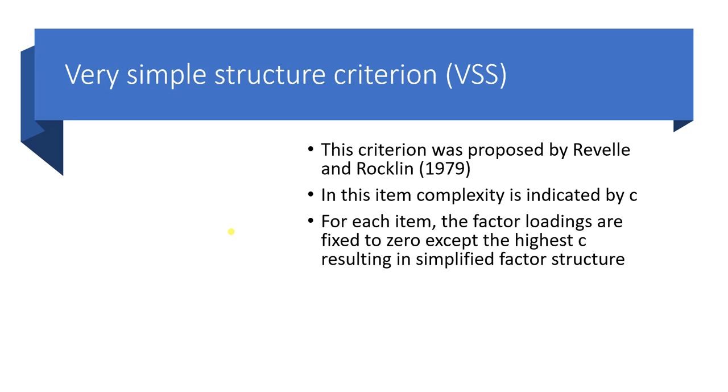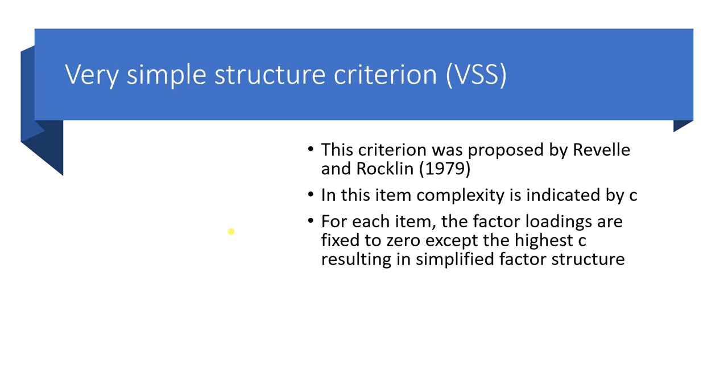So we define the complexity in this analysis, and generally the complexity up to 2 is allowed, and this has been tested. For each item, the factor loadings are fixed to 0 except the highest C. So suppose C is equal to 2, then the two highest loadings will be kept as they are, and all other loadings for a given item will be set or fixed to 0.